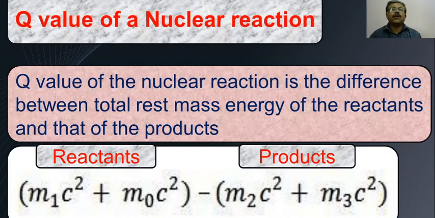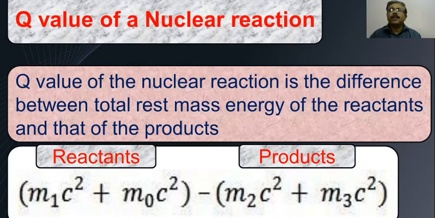Now, the reactants are nothing but the projectile and the target nucleus. If you consider m1 as the mass of the projectile and m0 as that of the target nucleus, then m1c square is the rest mass energy of the projectile and m0c square is that of the target nucleus. We can say them as the sum of the energy of the reactants.